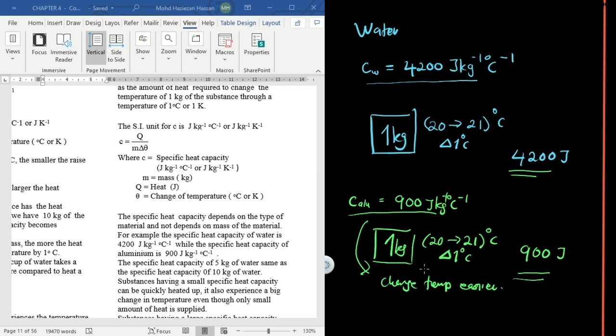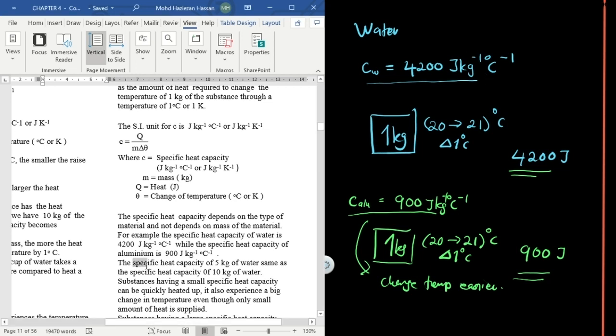Lower means it is easy to become hot or to become cool. But if the c is higher, it is hard to change its temperature, either to become hot or to become cold.